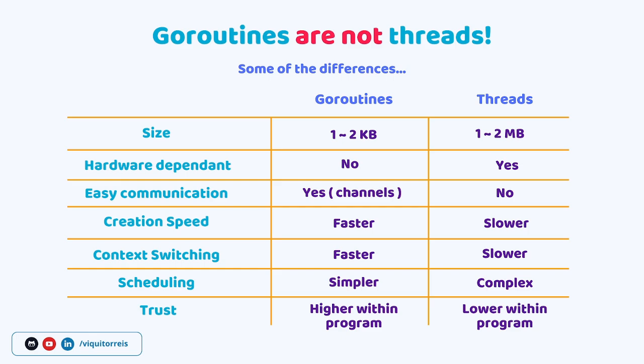OS threads have a lot more size because they need to handle capabilities and protections that are just provided by the operating system, such as the stack size, which will handle function parameters, return addresses, local variables, and so on. Goroutines have a much smaller stack size, and it can easily be increased if you need to. Okay?